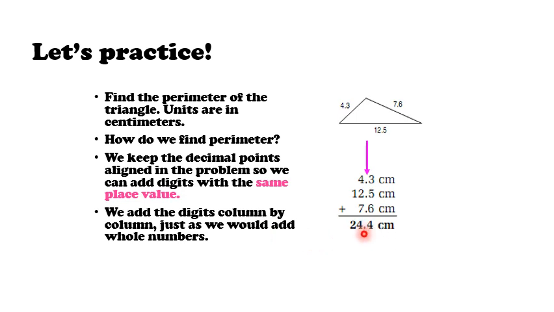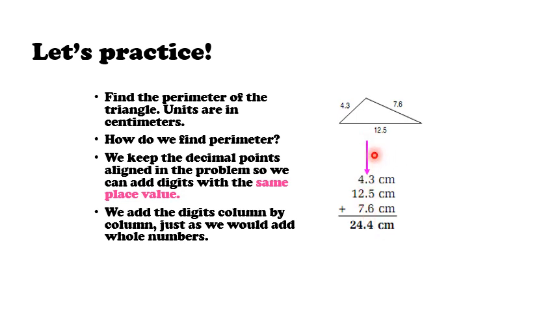I'll put the decimal in the sum, and the answer will be 24.4 centimeters. So the perimeter of this triangle equals 24.4 centimeters.